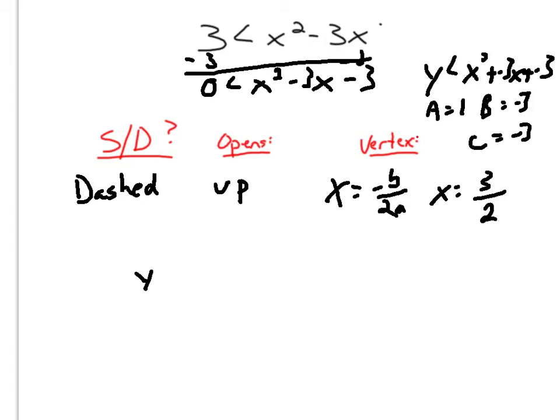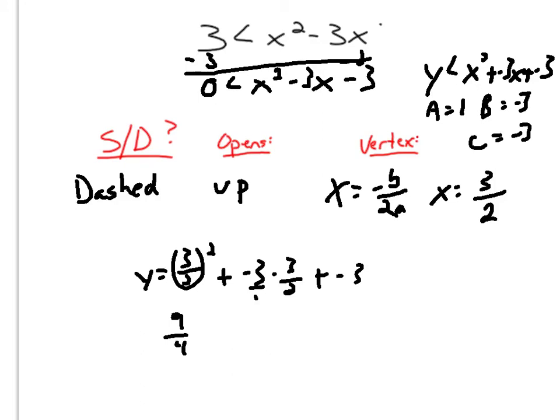So I'm going to say that y equals 3/2 squared plus negative 3 times 3 halves. I'm going to go ahead and put this over 1 since we'll have to multiply it, plus negative 3. Well, 3 halves squared, that's 9 fourths, plus negative 3 times negative 3 halves is negative 9 halves, plus negative 3.